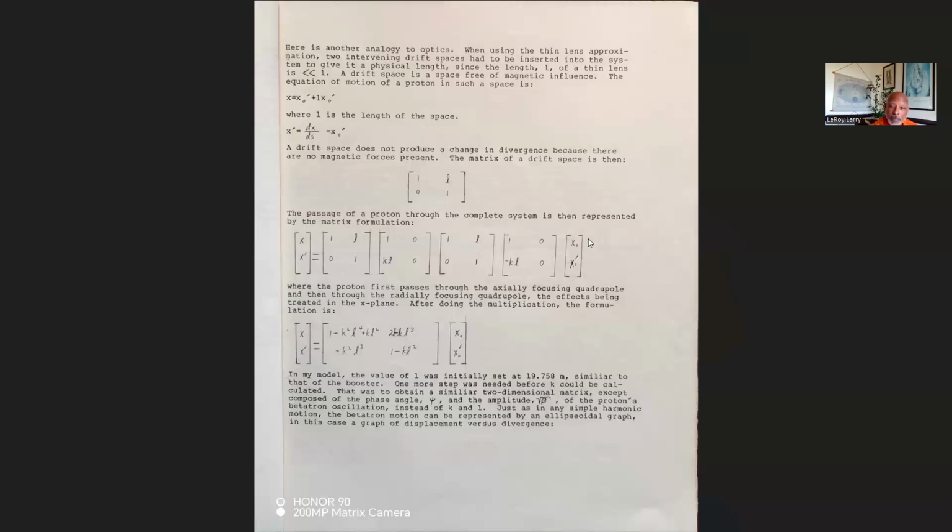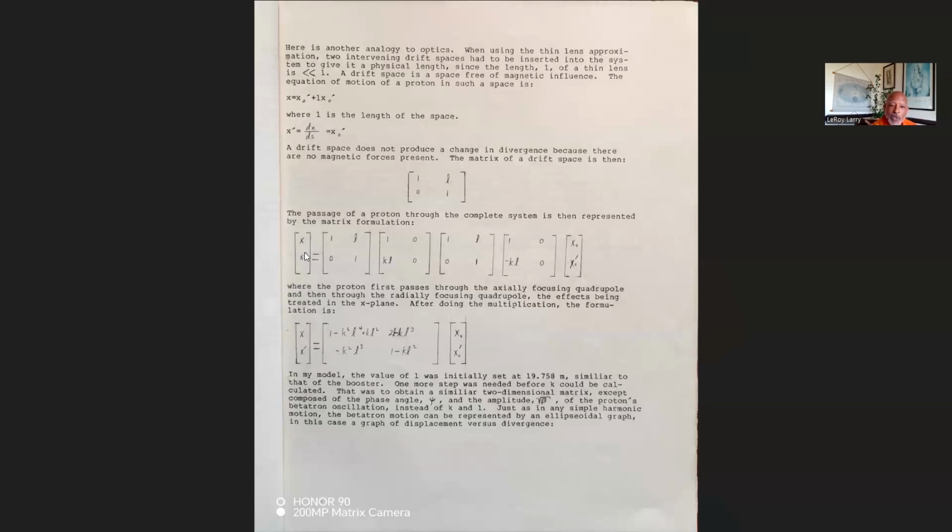The original position in phase space of the proton goes through the quadrupole system, here represented by thin lens approximation with drift spaces included, and comes out on the other end with new coordinates in phase space. Optics, right? Same thing.